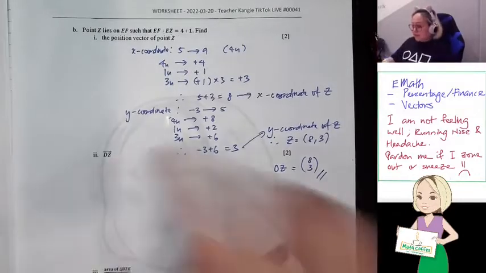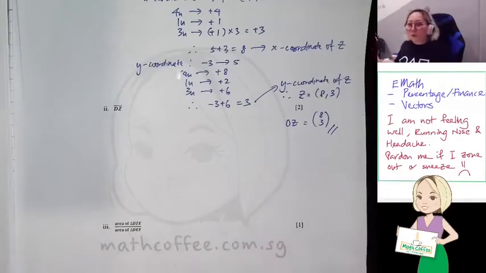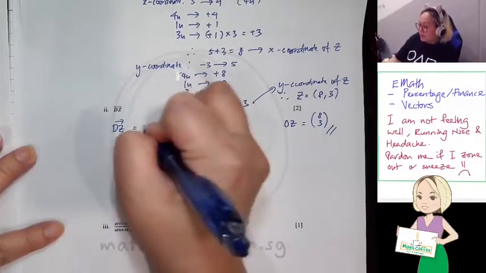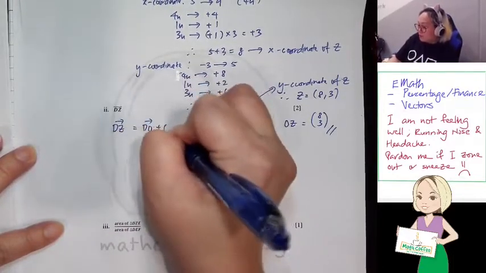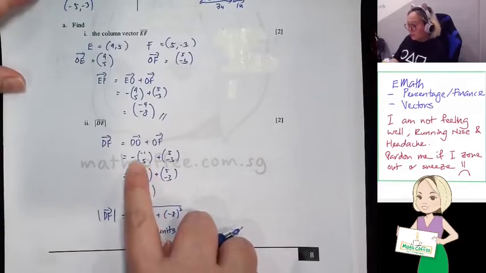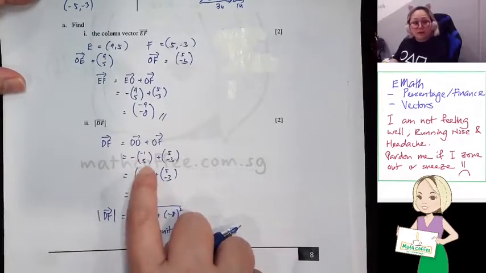Next, DZ. Now easy already, because we have coordinate D, we have Z now. So to find DZ is very straightforward. DZ is simply just DO plus OZ. And DO, we have it, which is over here, (-1, -5).